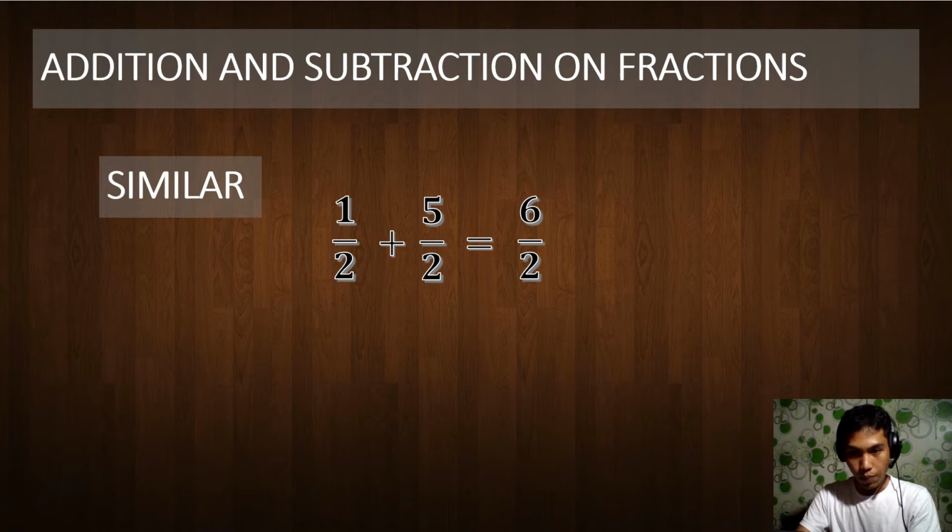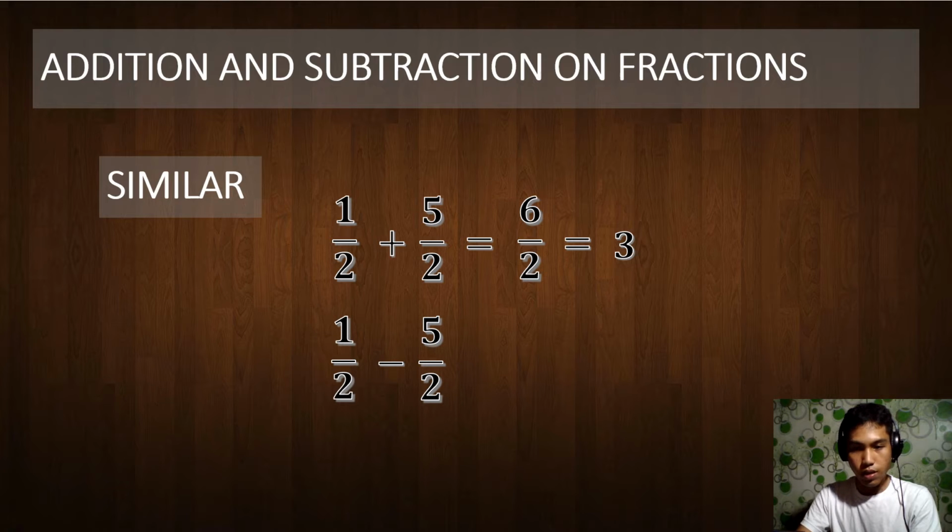So copy the denominator 2, then we have 1 plus 5, which equals 6. Then 6 over 2 can be simplified into 3. So that is an integer, or a whole number.